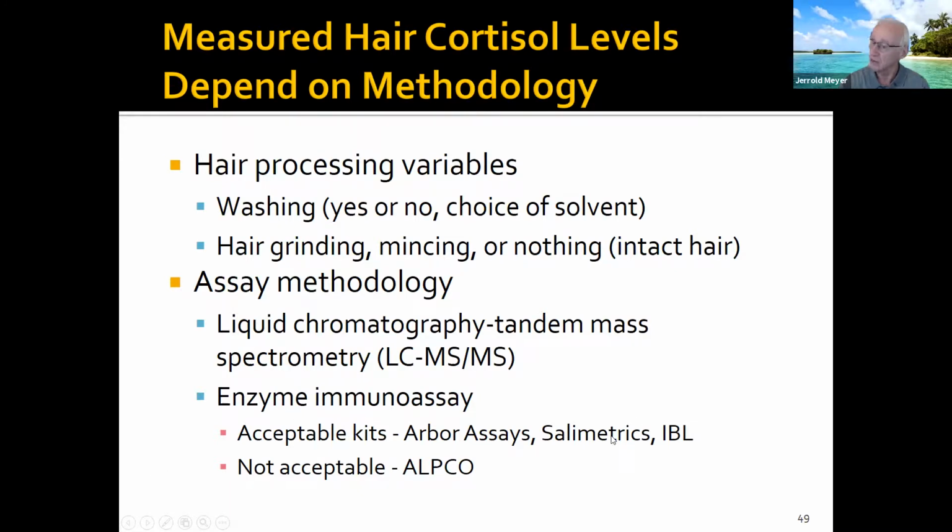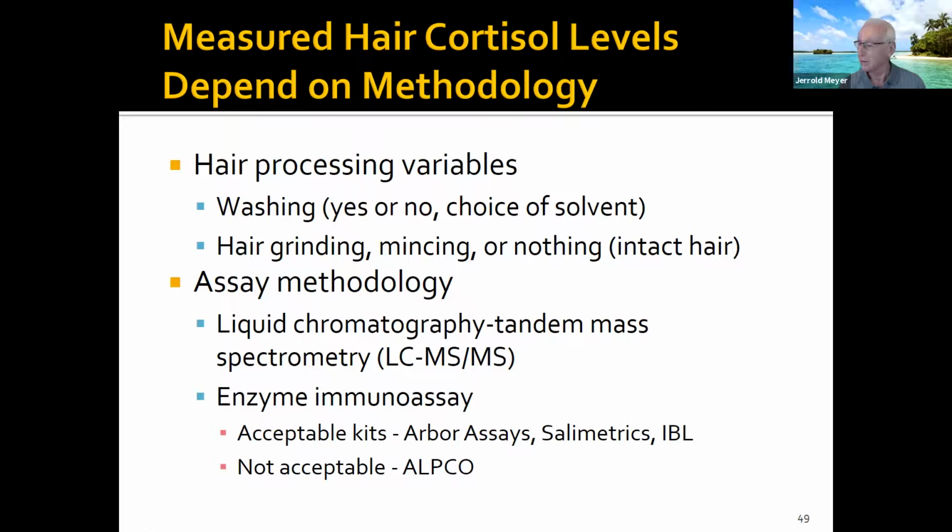So I want to mention for anybody who might be wanting to get into this, either yourself or with a collaborator, do not, under any circumstances, use the ALPCO kit for hair cortisol. We've never tried this ourselves, but there are several papers in the literature in which that kit was used, and compared to any of these others or compared to LC tandem mass spec, this kit for some reason with hair cortisol gives just really high values, much higher than any other.